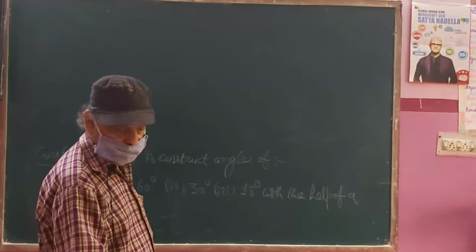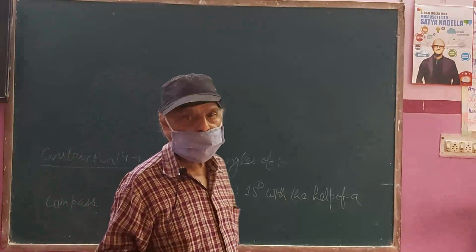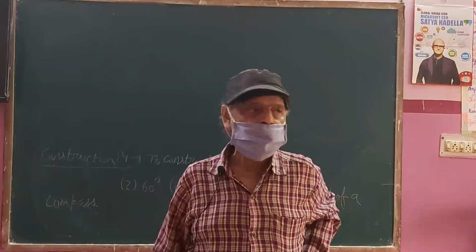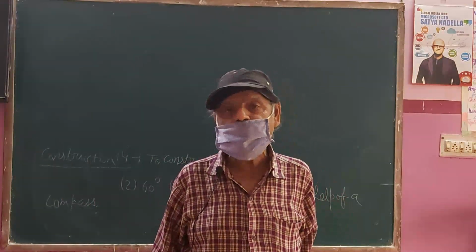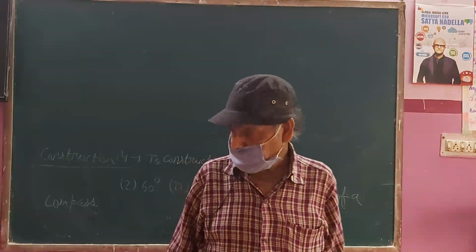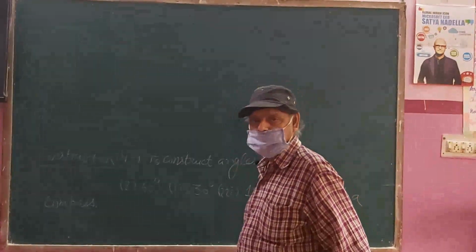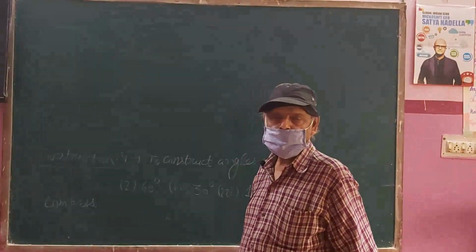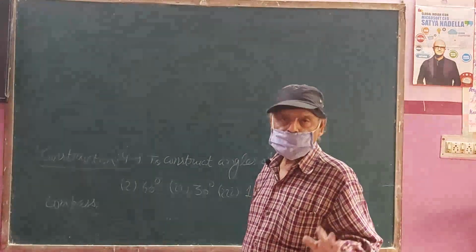You have to make some calculations also. Only multiples of 7.5 can be made with the help of a compass. Tell me the table of 7.5, then you can make these angles with the help of a compass only.